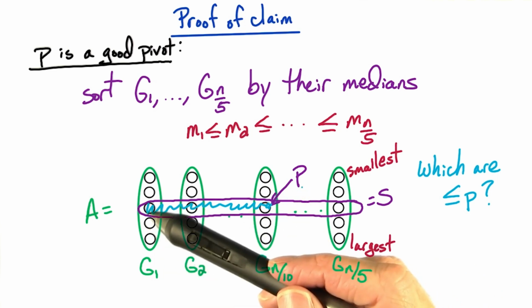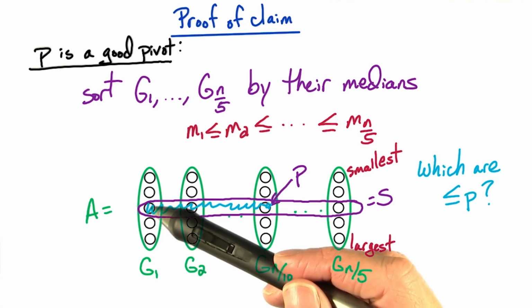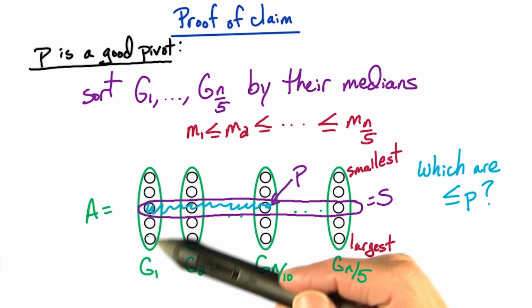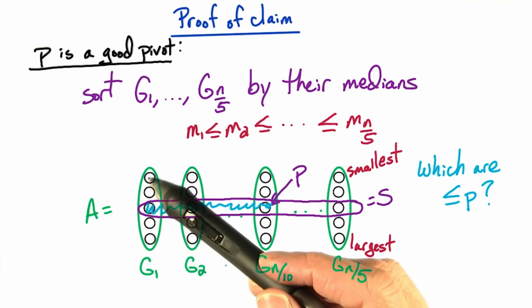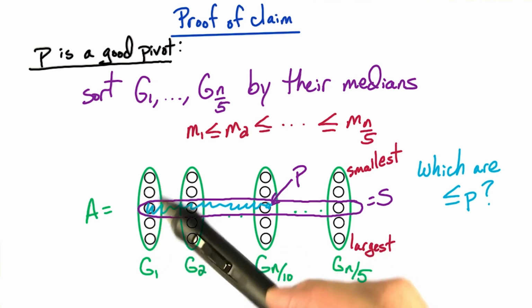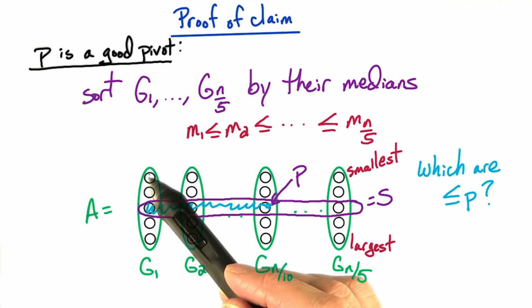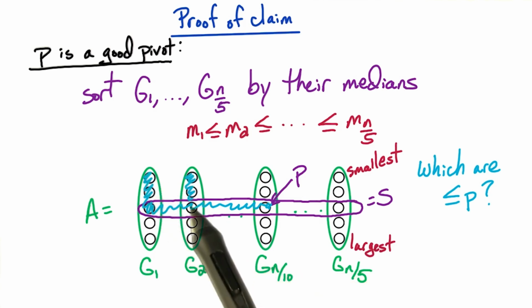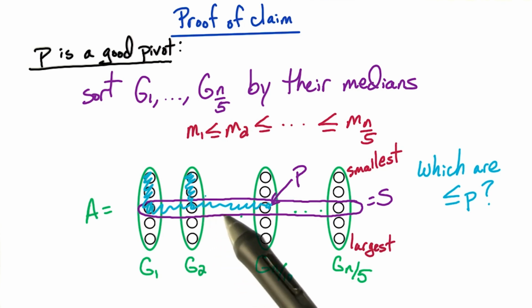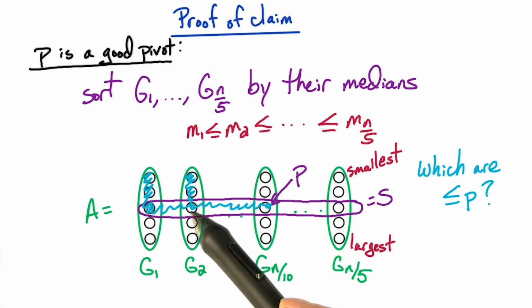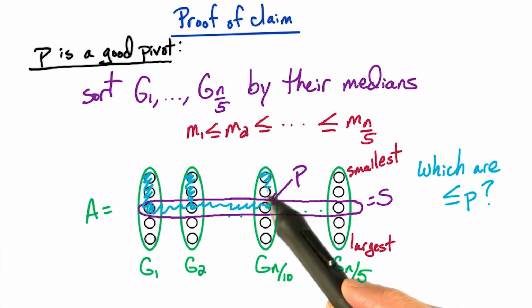Now, take this first element. Who's guaranteed to be at most it in its group, G1? Well, I assume this group was sorted, at least for picture purposes. So there are 2 elements which are guaranteed to be smaller than it. Similarly, in the second group, there are 2 other elements which are guaranteed to be at most the median of this group. In every group, there are 2 elements which are guaranteed to be at most this median element. So what's my conclusion?